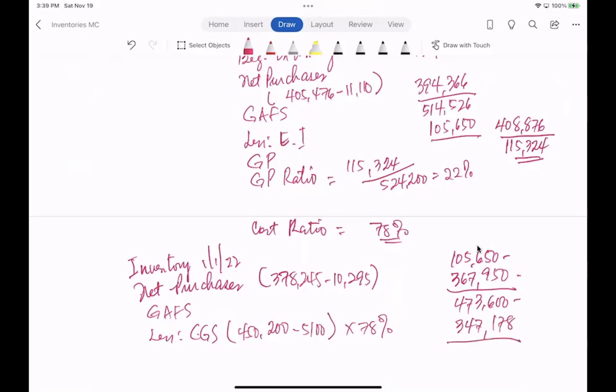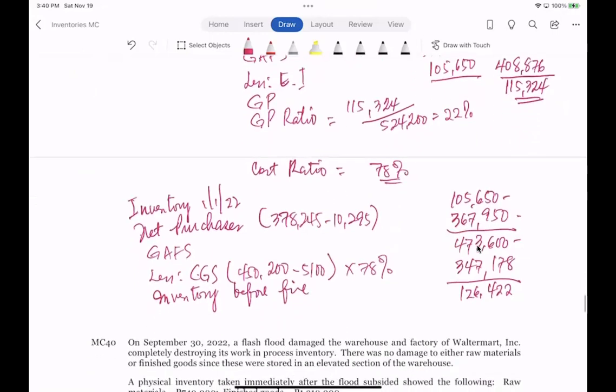Therefore, deducting this from 473,600, the inventory before the fire is 126,422.